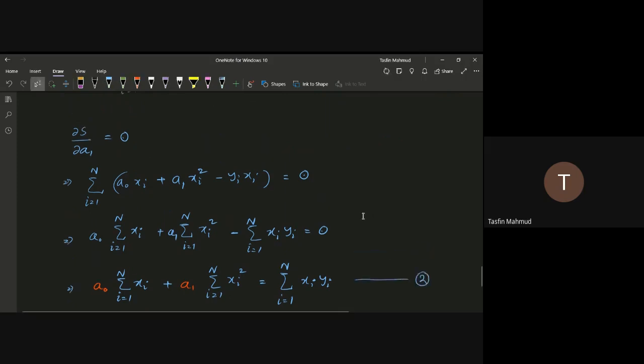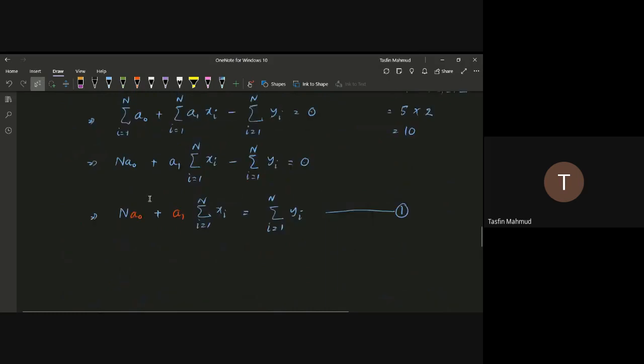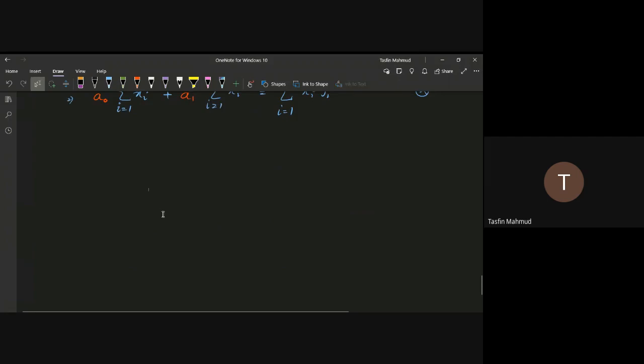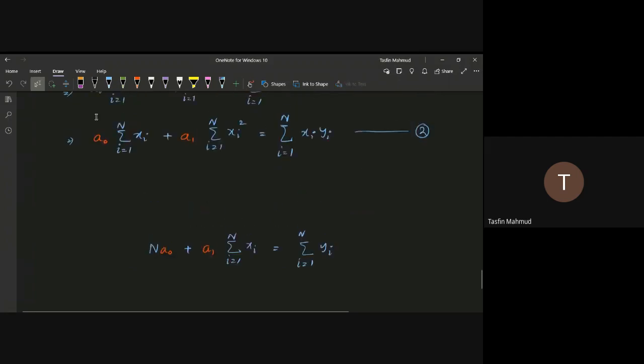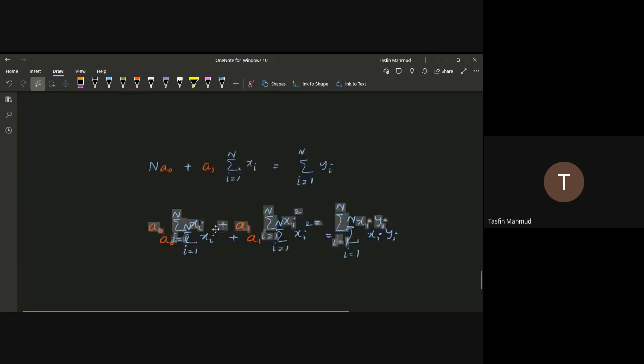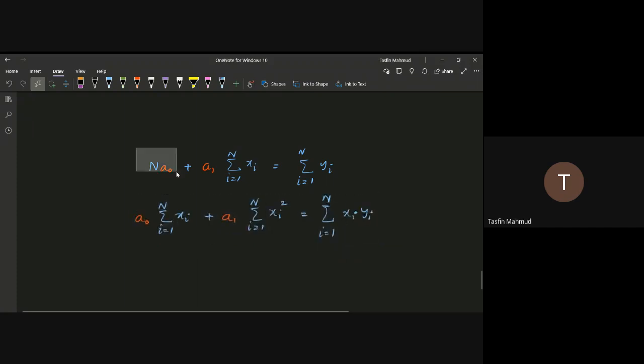So from these two equations we have to find the value of a naught and a1. So I'm just going to copy this. This is our first equation, and it is our second equation. So we have two equations and two unknowns, right?